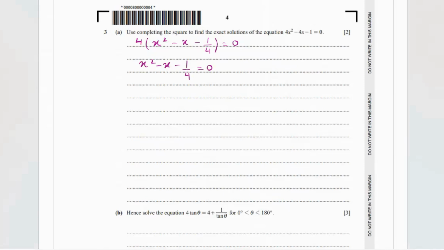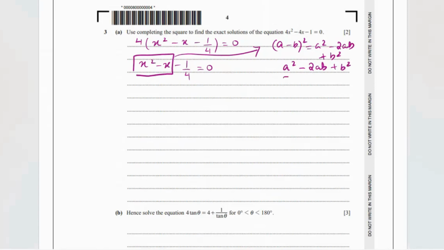Now we use the completing the square method to find the solutions for this equation. So we have to complete this into a complete square. A complete square is (a minus b) whole squared, which expands to a squared minus 2ab plus b squared. What we're trying to find is our b squared value. So we see what our a value is based on the given equation.